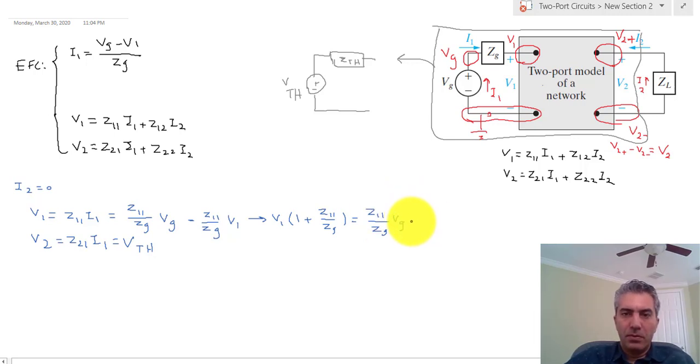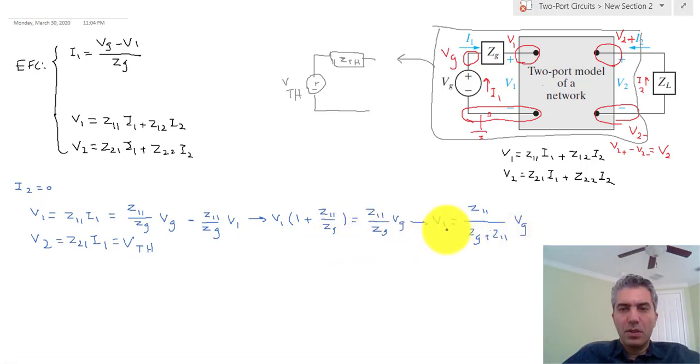Therefore, V1 is equal to Z11 over (Zg plus Z11) Vg, which is basically a voltage divider between Z11 and Zg with respect to Vg.